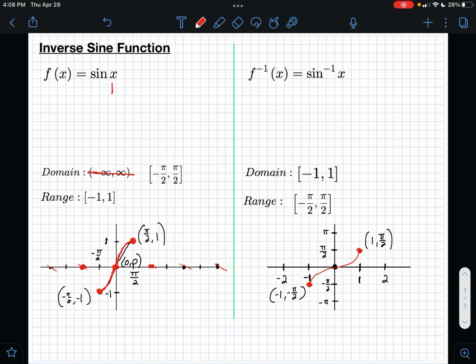Well, for any trigonometric function, the inputs are angles in radian measure. Now, the output is different depending on which trigonometric function we're talking about, but the output value of a sine function is a y-coordinate on the unit circle.